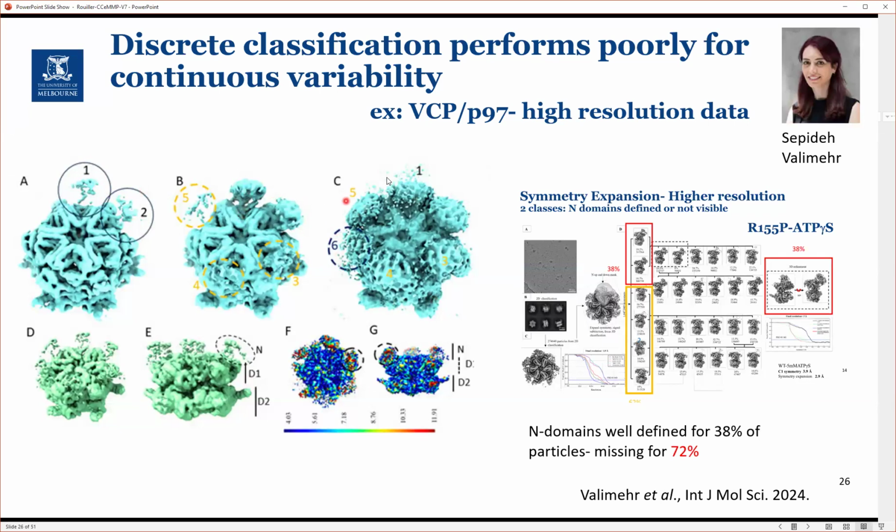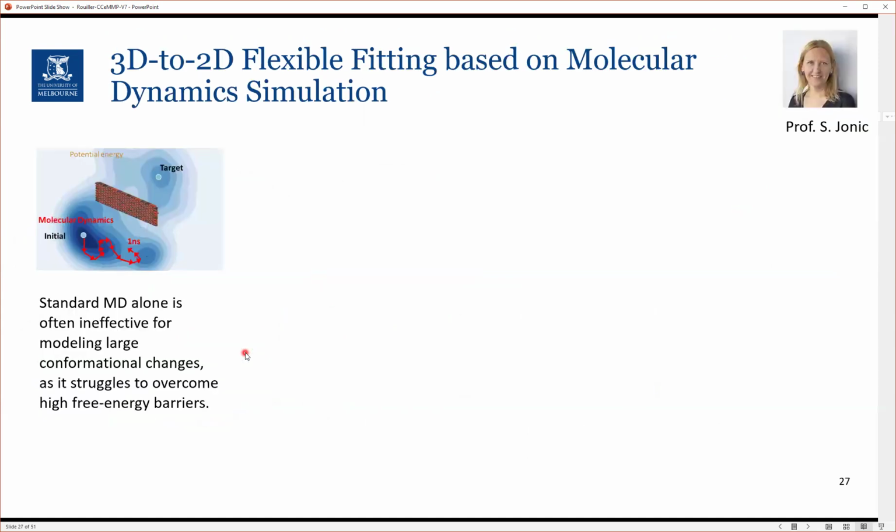No matter if she changed the thresholds, some N domains became visible, but one N domain was never visible. Then, as I explained to you, she did fancy symmetry expansion and masking, and was only able to resolve density for the N domain in 38% of the particles. Obviously, applying C6 symmetry doesn't really help in resolving those domains, as the densities become really, really blurred.